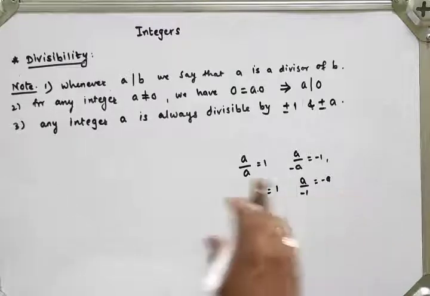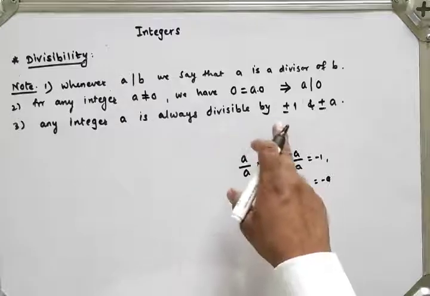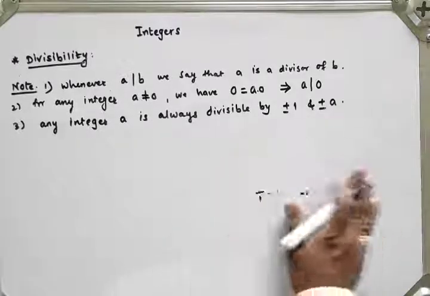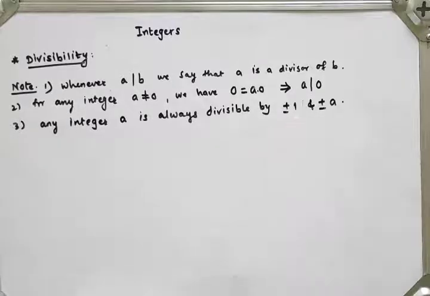So a is always divisible by plus minus 1 and plus minus a, and all other divisors except plus minus 1 and plus minus a are called proper divisors of a.